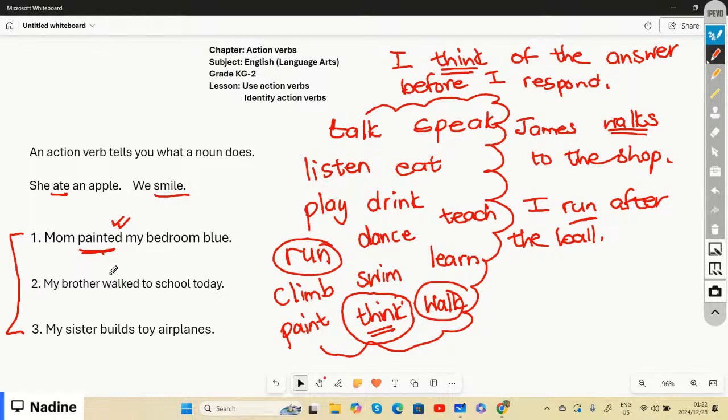The next one says my brother walked to school today.